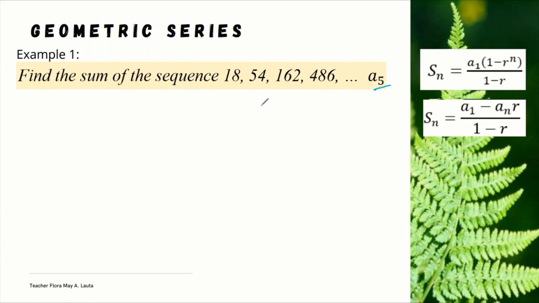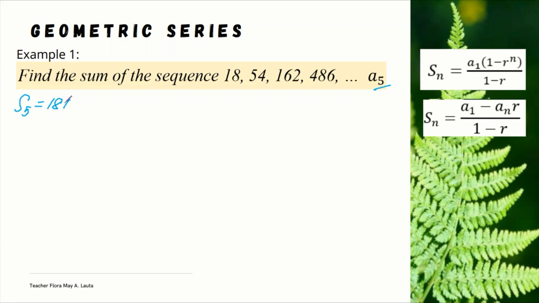As you can see here, it's just 5 numbers, right? So that will be S sub 5, or the sum of 5 numbers. We can just try to do it manually first. Let us list the terms of the sequence, then add them.